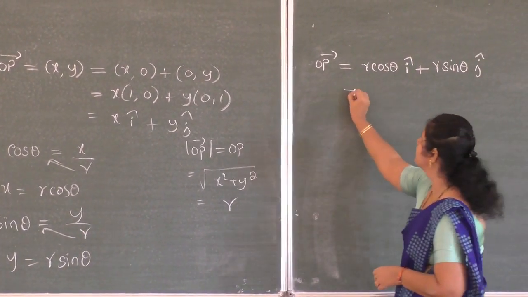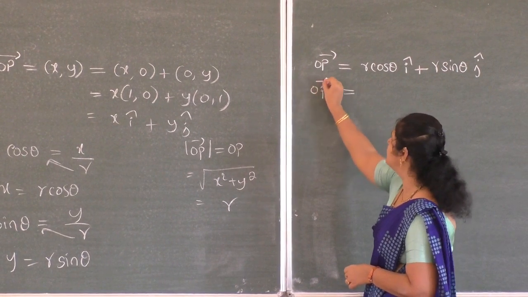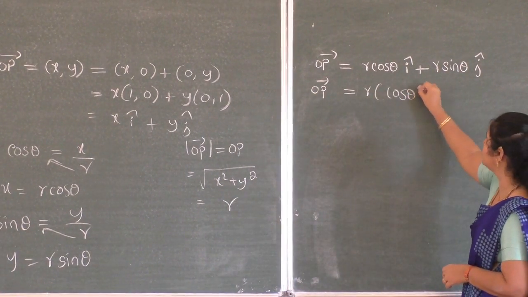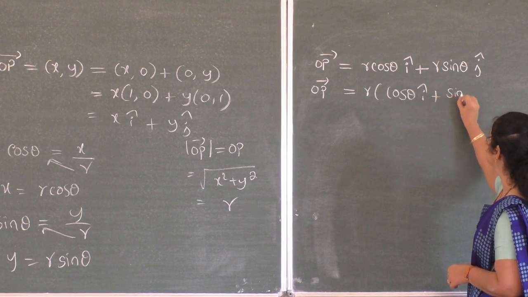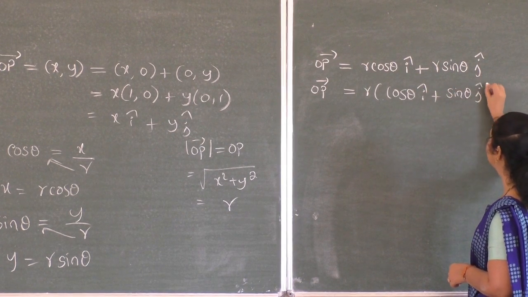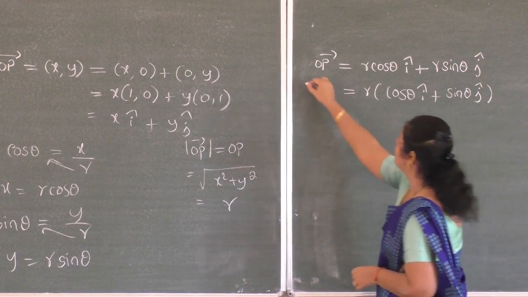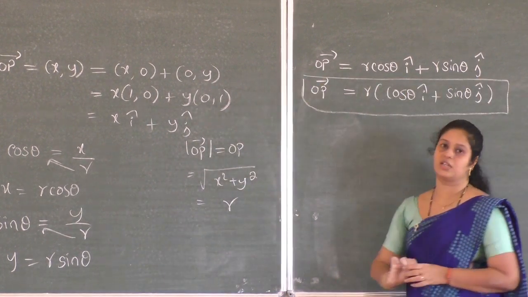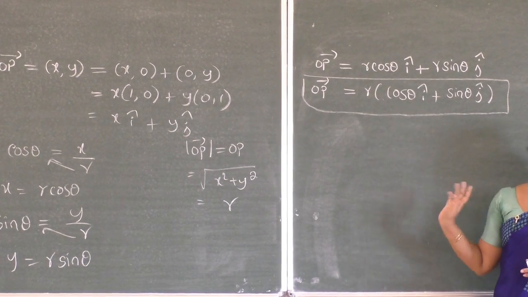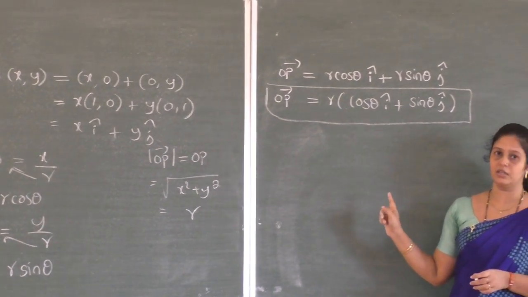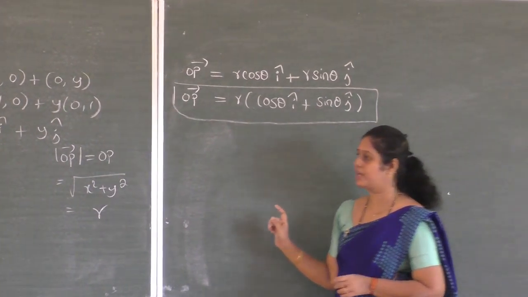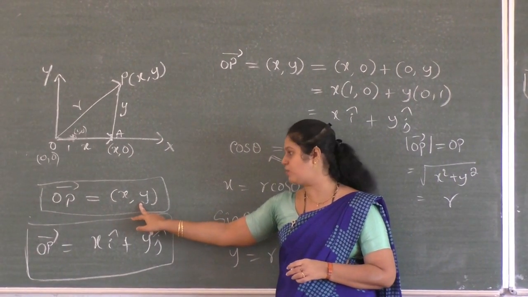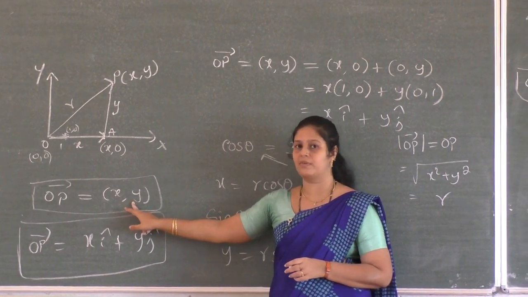Or I can write vector OP, taking r common, as r times cos theta into i cap plus sin theta into j cap. Okay, this is another way to represent a 2D vector. So previously, one way is just by writing vector OP is equal to the ordered pair x comma y.